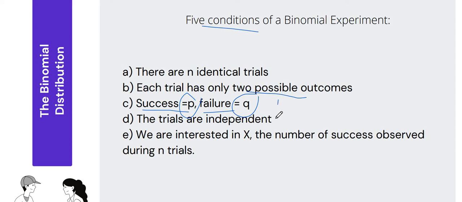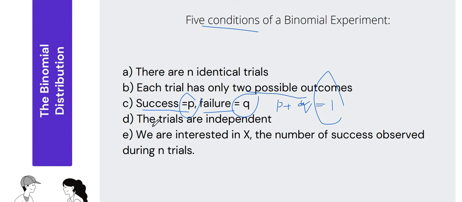The total P plus Q must be equal to 1. We use the same properties as before: when we sum all the probabilities, it must be equal to 1. So the same goes for this case, P plus Q must be equal to 1.